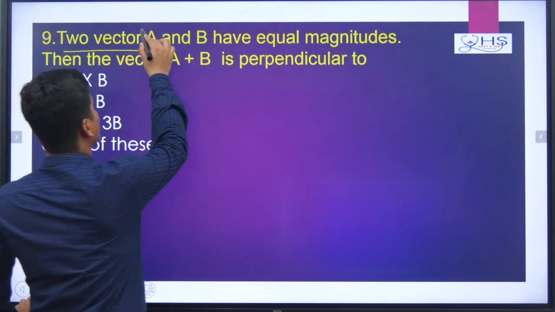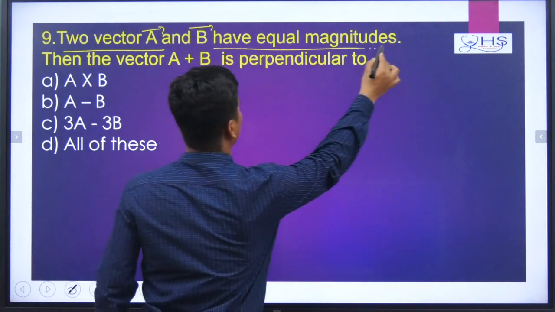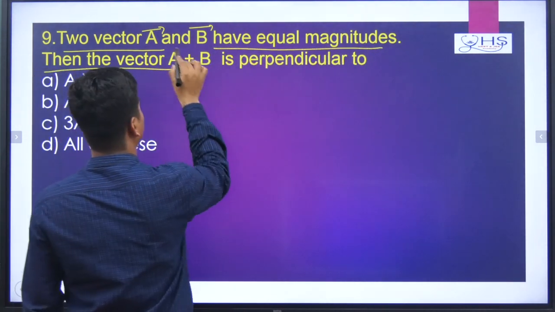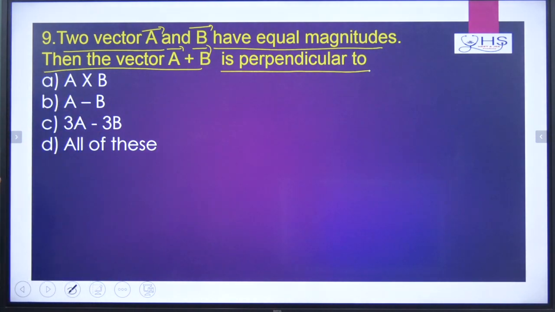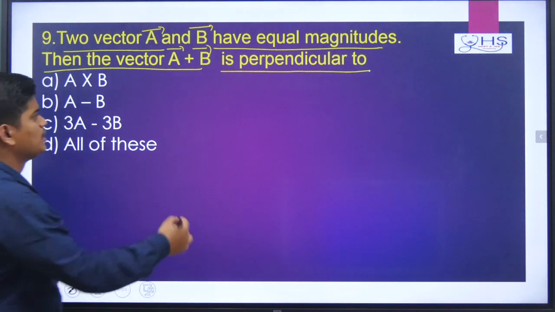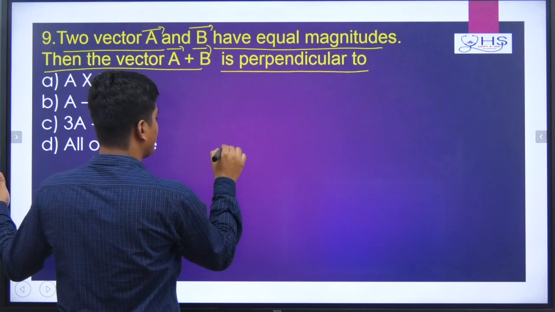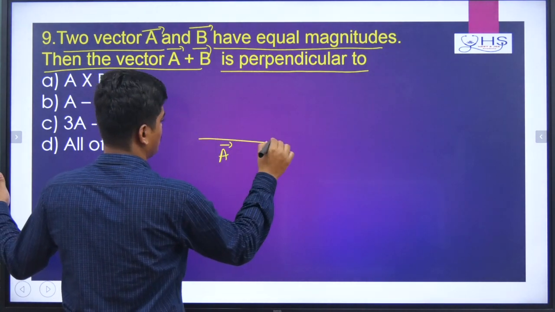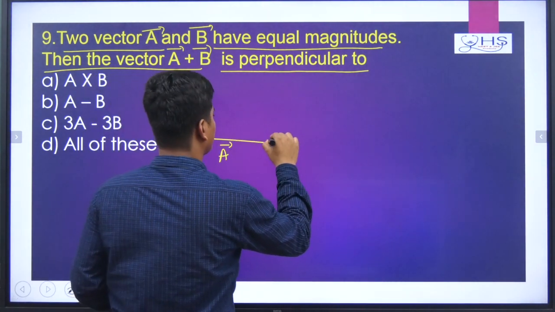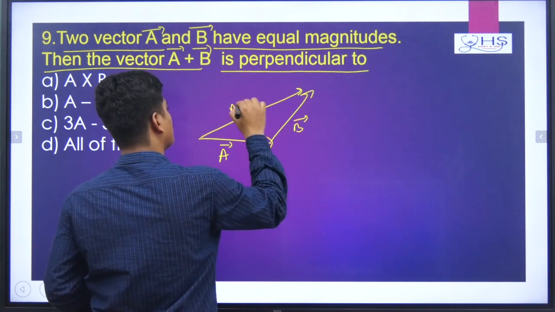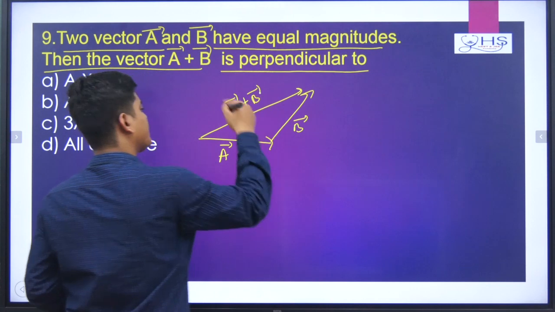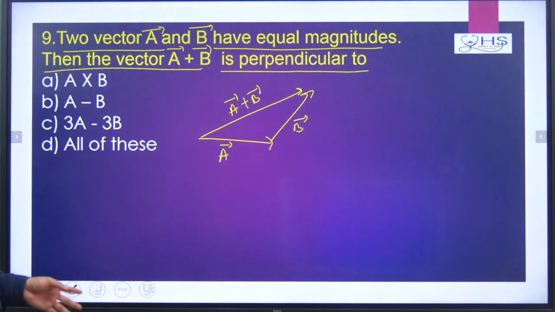Two vectors A vector and B vector have equal magnitudes, then the vector A plus B is perpendicular to which? Now listen here. If A vector is like this way and B vector is like this way, then A plus B is also in the plane containing A vector and B vector.